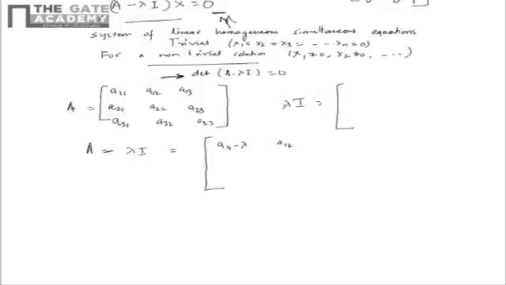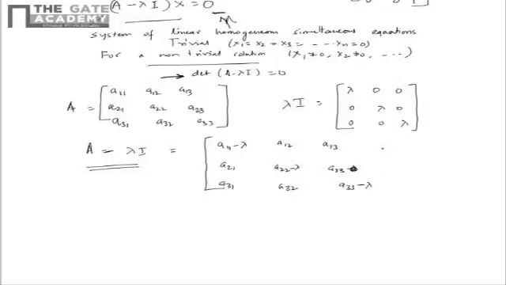Lambda I would be something like this: lambda 0 0, basically multiplying the identity matrix with some constant. Now if you subtract, A minus lambda I will be something like this. So all the lambdas will be subtracted from the diagonal terms only, there is no lambda elsewhere.